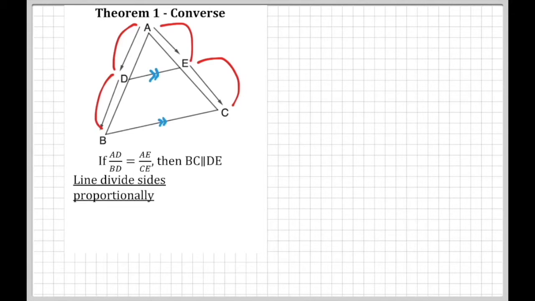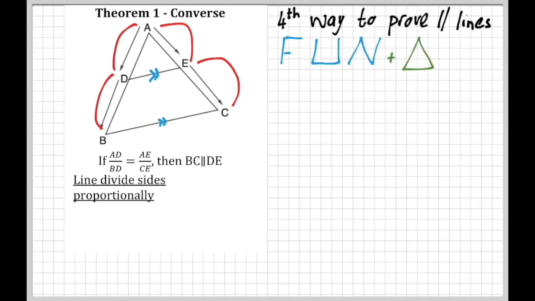This is now actually very awesome because it's the fourth way to prove that lines are parallel to each other. If I look at proving lines parallel, we actually now have four ways.